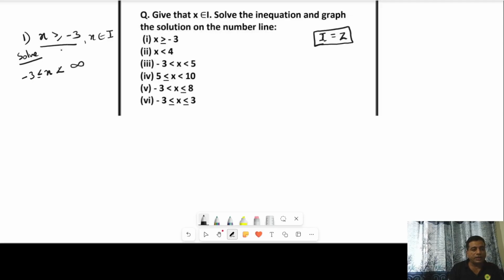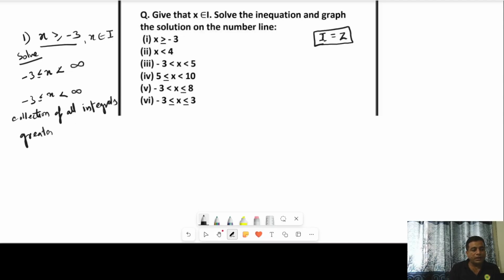So x greater than or equal to minus 3 and less than infinity means it is the collection of all integers greater than or equal to minus 3.